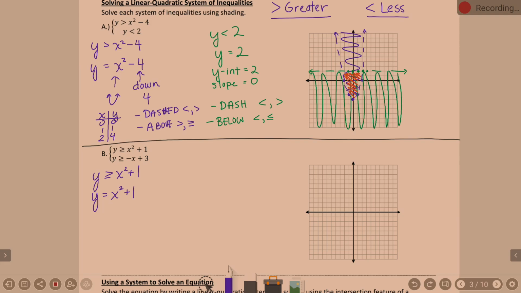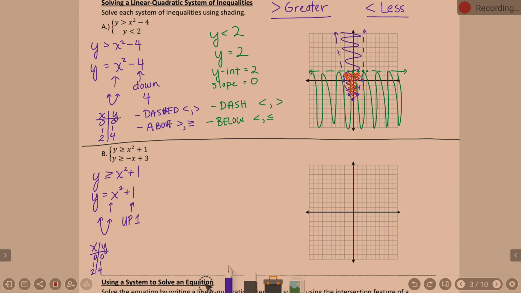And again, x squared is still a parabola, yes? So this tells me it's going to be a parabola. Plus 1 tells me I'm going to go up 1. It's still a 1x squared, so we can still use the basic idea of 0, 0, 1, 1, and 2, 4.